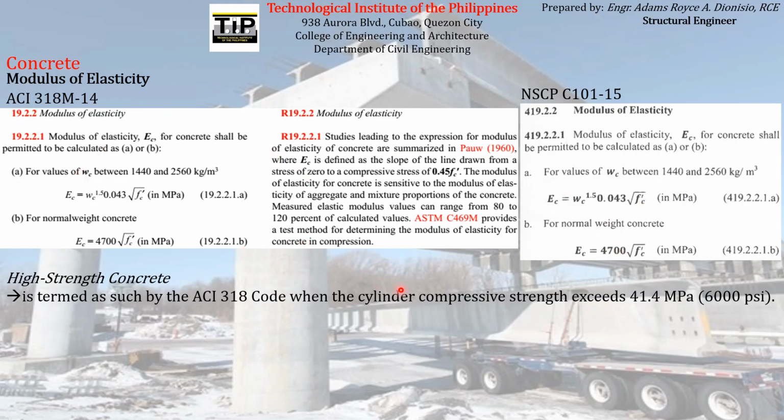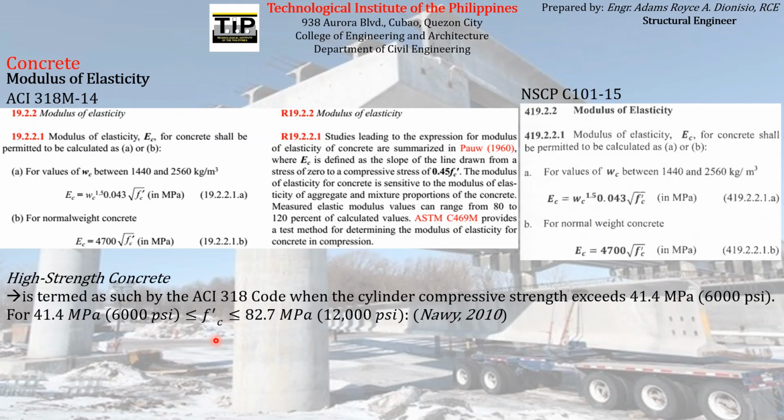When we say high strength concrete, those are concretes which have a compressive strength that exceeds 41.4 megapascal or 6,000 psi. So how can we compute the modulus of elasticity of high strength concrete?